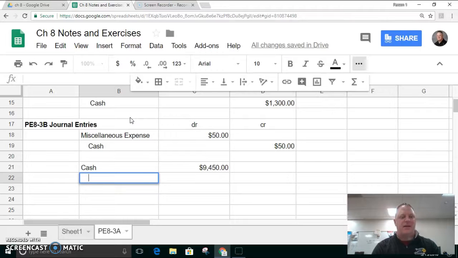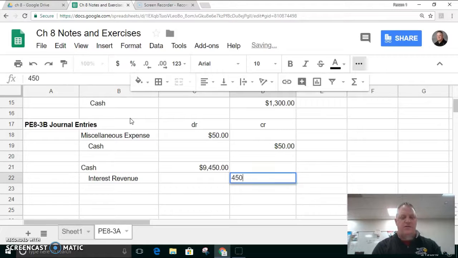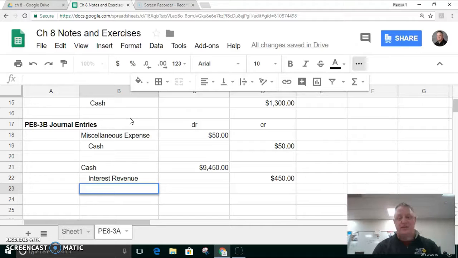Because the bank collected that, we have earned some interest revenue, $450. Revenue increases on the credit side, so we credit interest revenue.